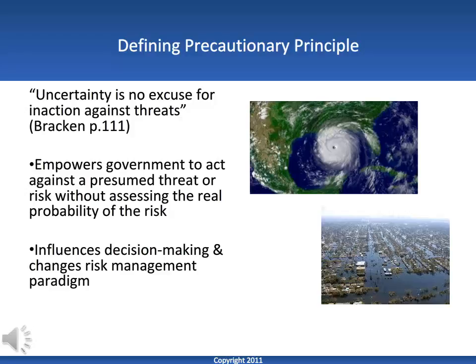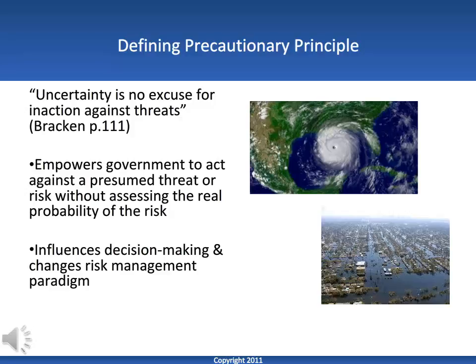The first thing I'd like to talk about, and Bracken does a good job discussing this, is something known as the precautionary principle. And according to Bracken, his comment is that uncertainty, he has found in his research, is no excuse for inaction against threats.